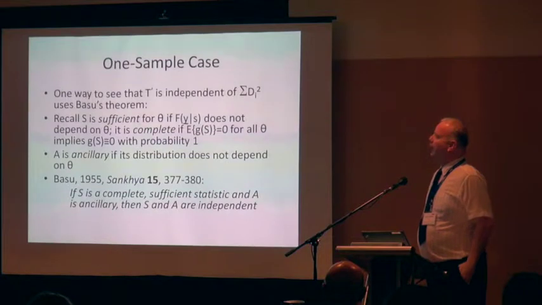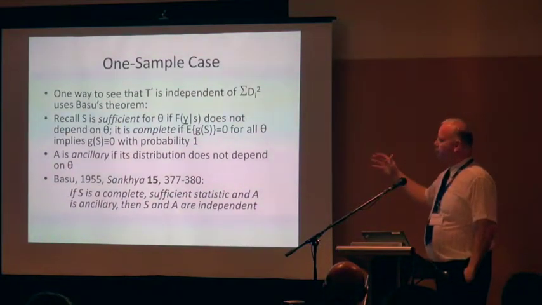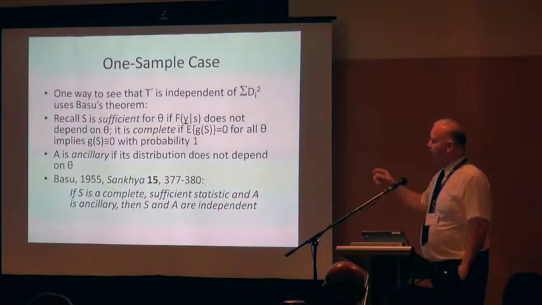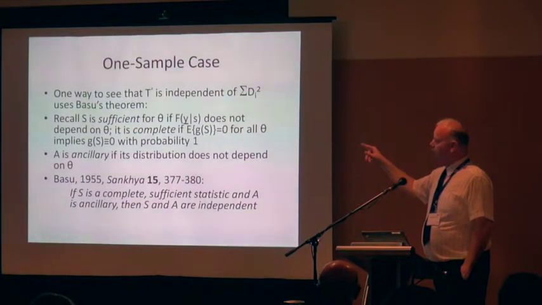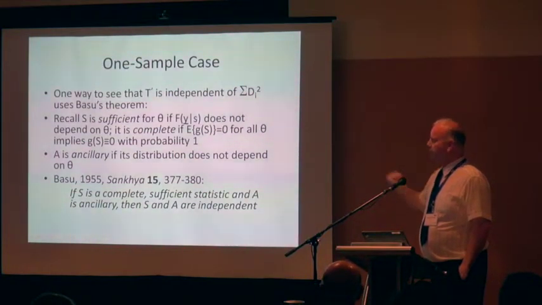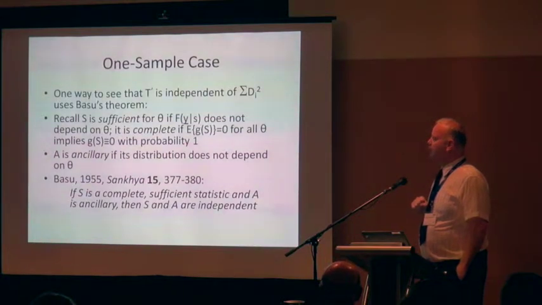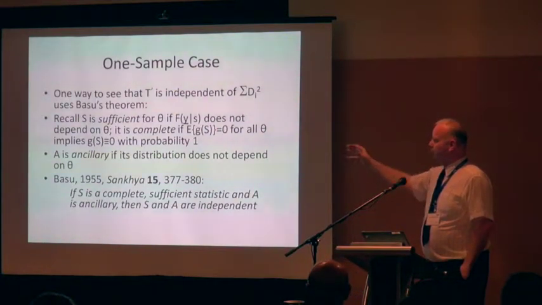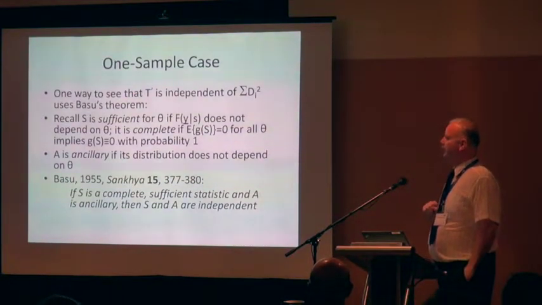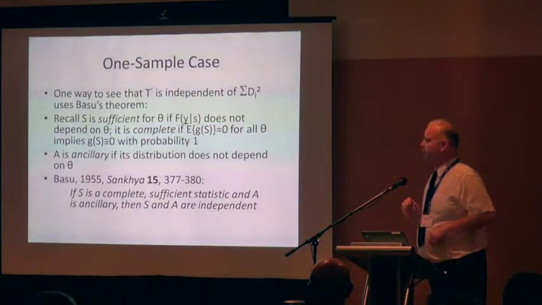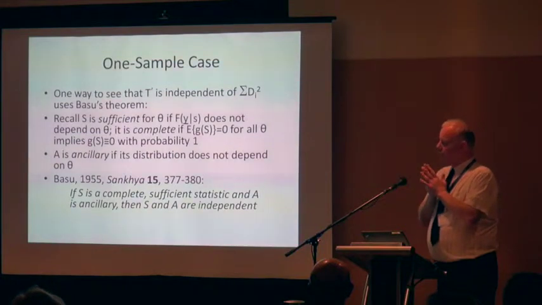Recall that S is said to be a sufficient statistic for a parameter if the distribution of all the data, given that sufficient statistic, does not depend on the parameter. And it's complete if the expected value of a function of S being zero for all values of theta implies that that function is zero with probability 1.